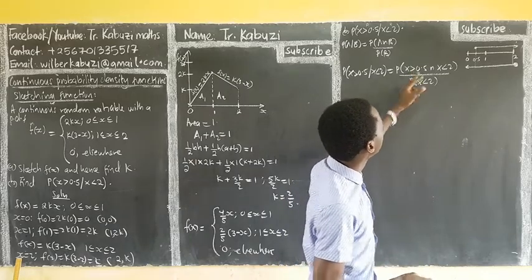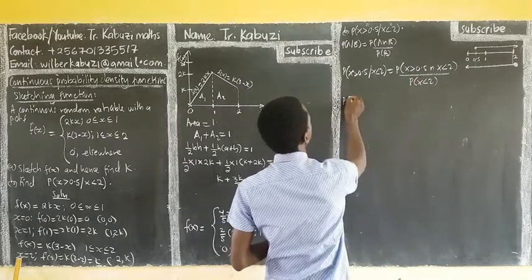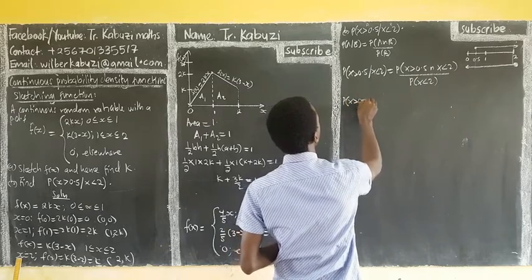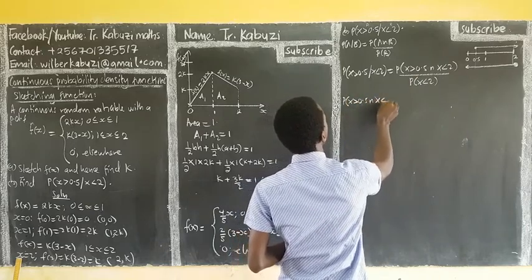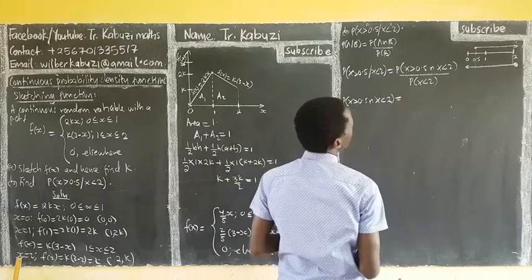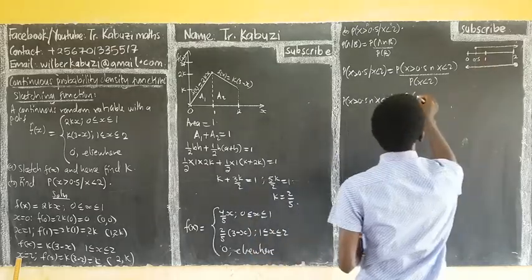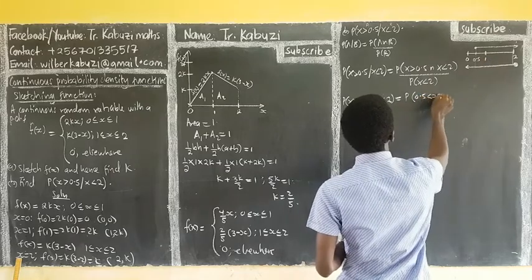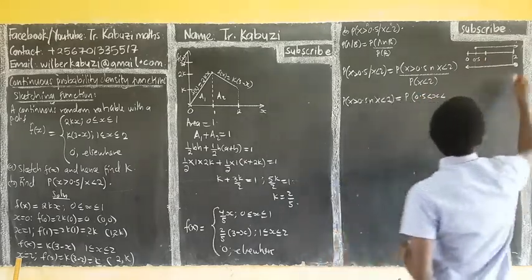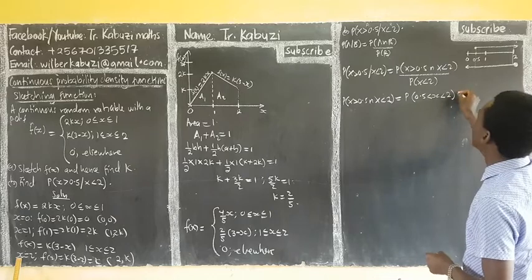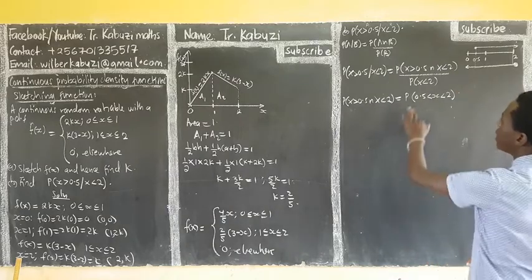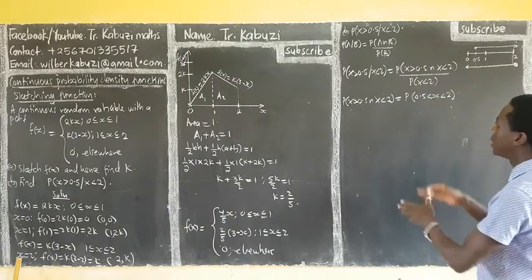So it means that our probability of x greater than 0.5 where all of them intersect is the same as the probability above 0.5 but below 2. In simple terms, that's it. Then you count and get this probability, and after that we divide.